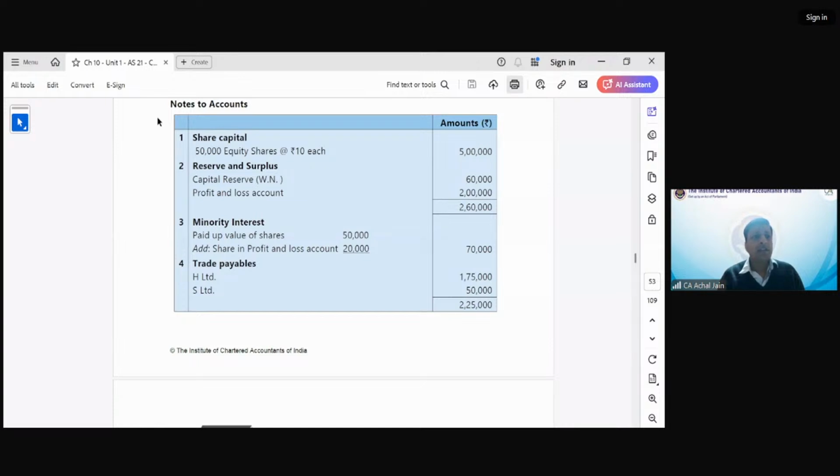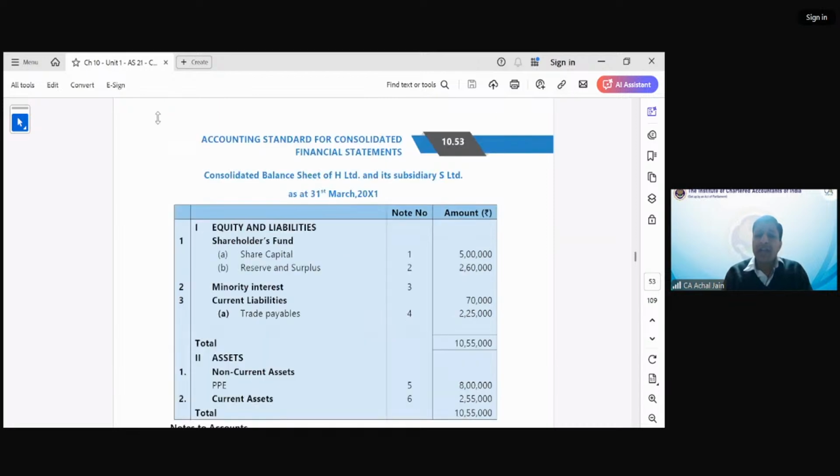Sai is asking, sir, in the consolidated financial statements, how will minority interest be a liability? Why should this minority interest be presented as a liability? Over to you, quickly. Can you please answer this question, everyone? Why should this minority interest be presented as a liability?